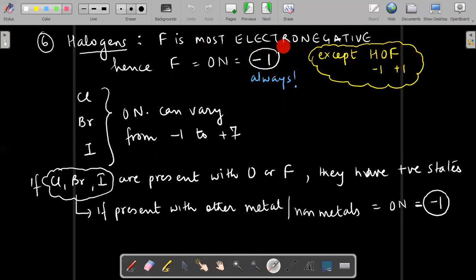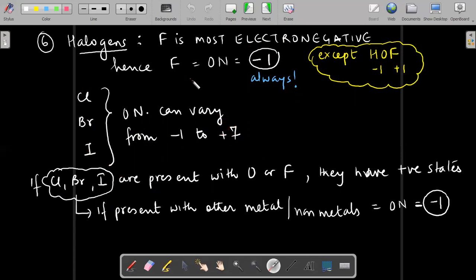Rest all cases, fluorine is taken to be -1. मतलब बेसिकली we are considering fluorine as fluoride ion, है ना. It is going to be -1 always. Now the next, talking for chlorine, bromine and iodine, the rest three halogens, the oxidation number can vary from -1 to +7, है ना. ये variation फ्लोरीन में नहीं आता, fluorine is only -1.